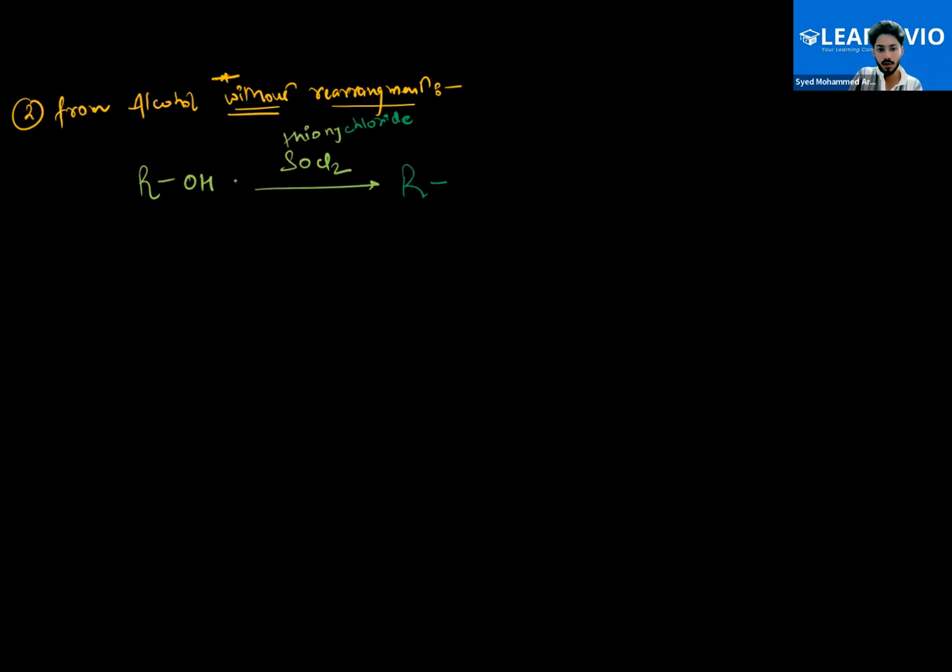Just my Cl will be substituted here. My OH will be substituted by my Cl. Understood? So this is the reaction without rearrangement. Just do it simply. Like this is the question.